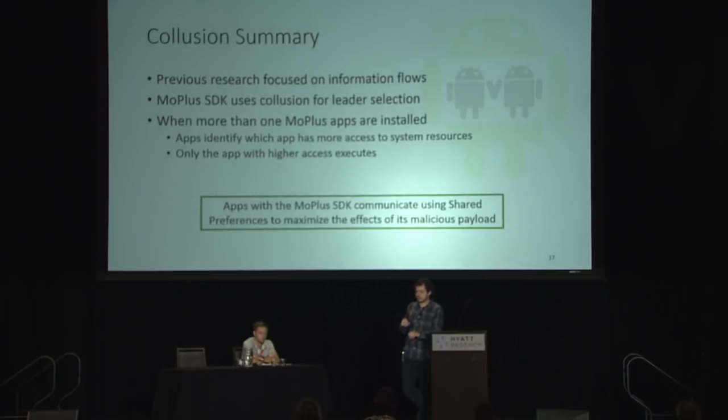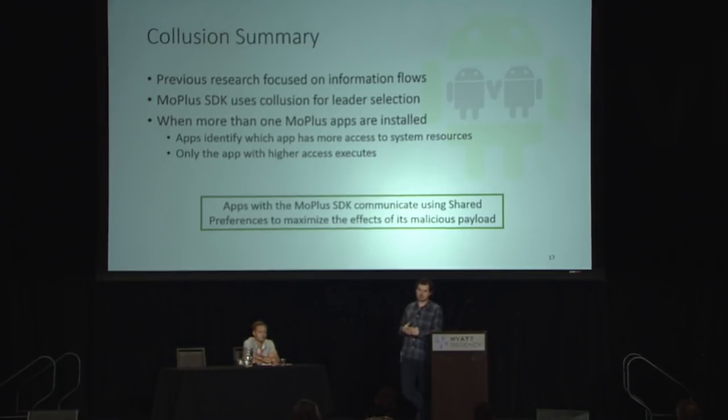Most of the academic research on application collusion is based on sensitive information flows. But this is not the case of the MoPlus SDK. What they did, basically, is that the different apps embedding the MoPlus SDK were using the shared preferences as a communication channel to select a leader to communicate with the command and control server.